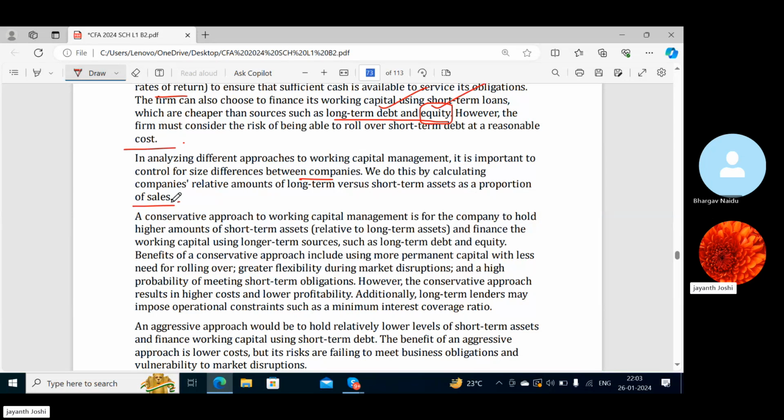So if they want to check whether their working capital is intact or not, they calculate this. That means how many long-term assets they have and how much sales they have made, how many short-term assets they have and how much sales they have made. They try to check that.